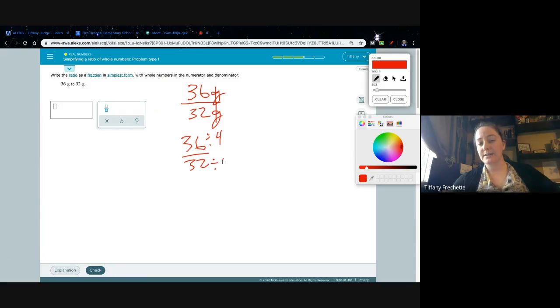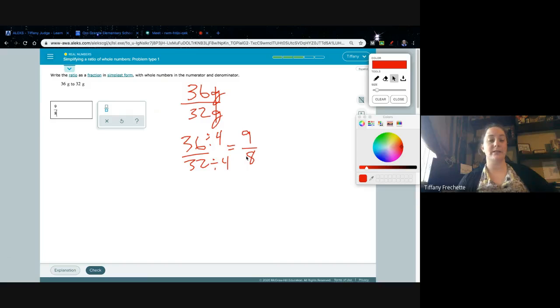I do recognize they both divide by 4. So if I divide by 4 on the top, I get 9. If I divide by 4 on the bottom, I get 8. If you didn't recognize that it was 4, you could have done 2 and then 2 again. It's still perfectly fine to do that. It just makes it a little bit quicker if you can recognize the greatest common factor.